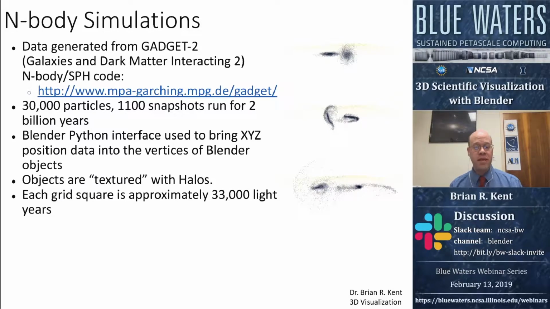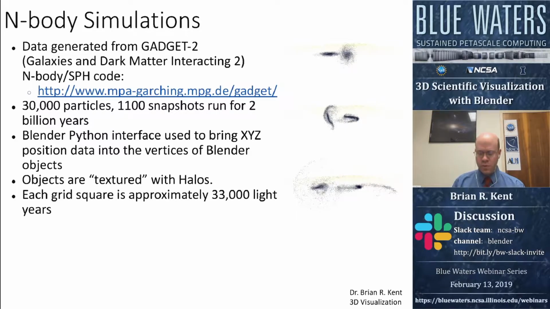So therefore, I can use Blender to actually bring those XYZ positions for each snapshot into vertex measurements of a Blender object, texture them with halos, and then on a grid here actually move my camera around, and we'll look at this in detail here in a little bit, and actually play out my simulation that I've created with Gadget.